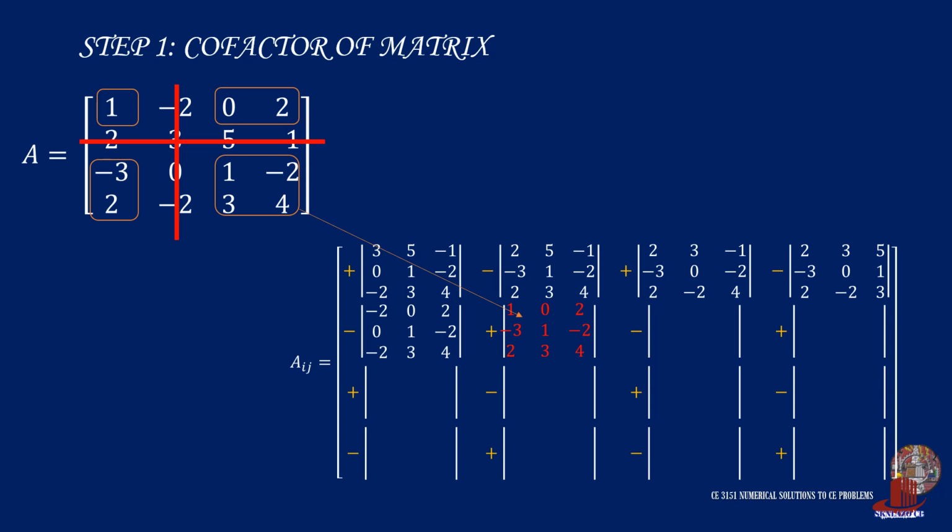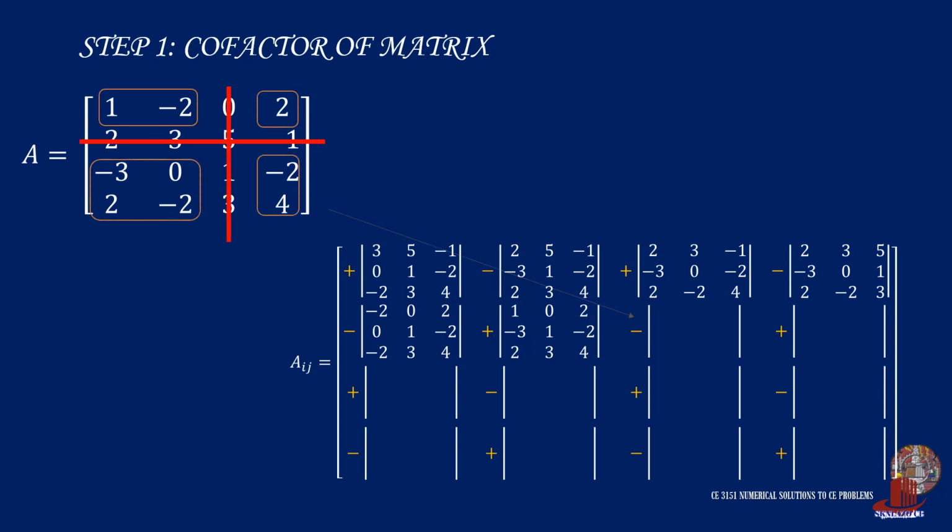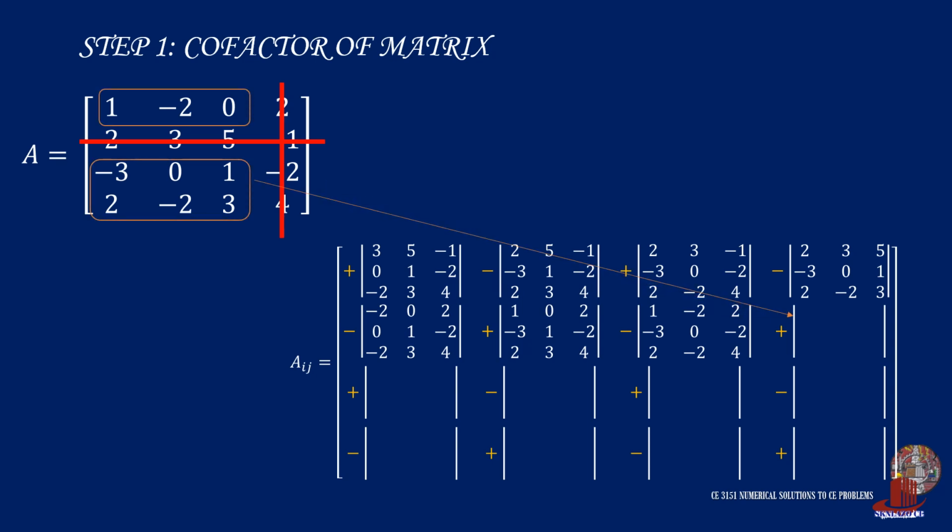They fill up the determinants for element A22. With the third column covered, element 23 has the minors 1, -2, 2, -3, 0, -2, then 2, -2, and 4. Finish the second row determinants by covering the fourth column, and have the remaining elements as minors for determinant row 2, column 4.